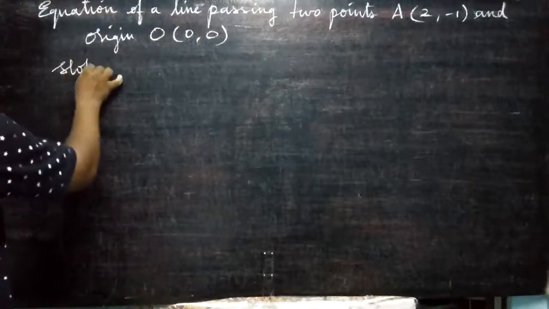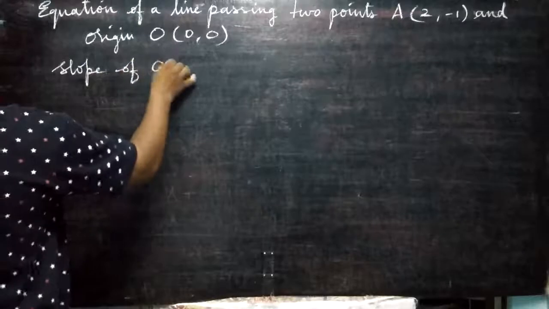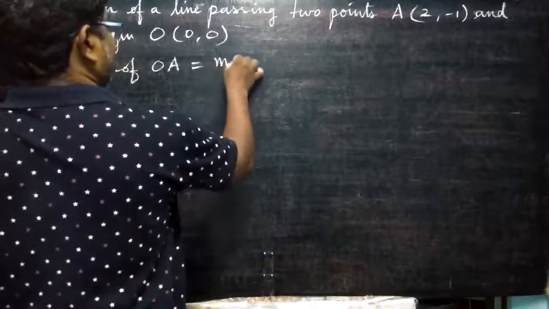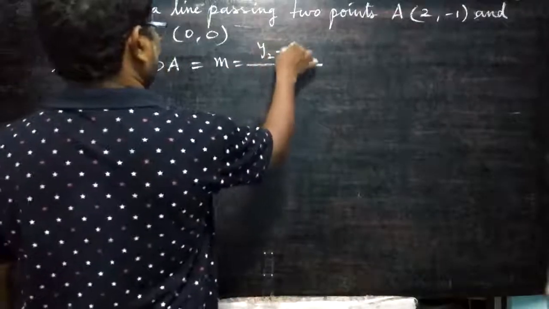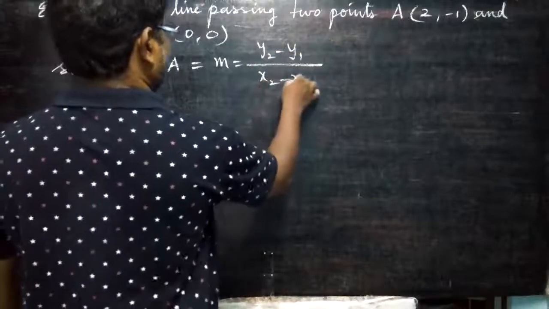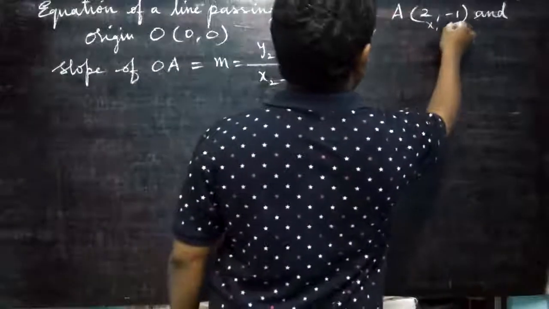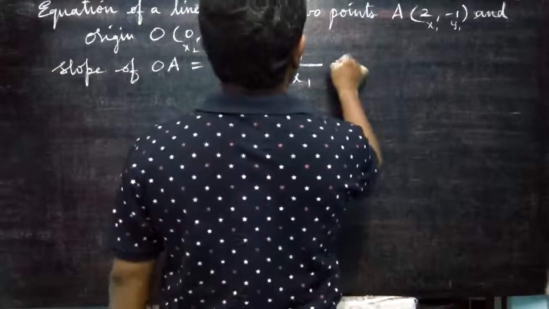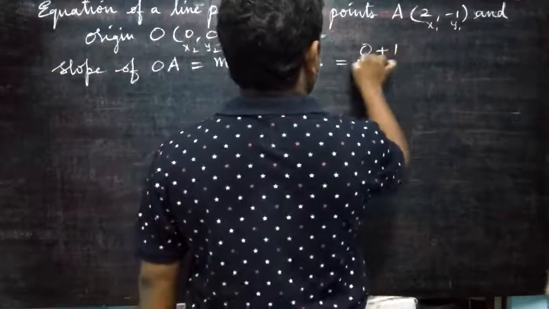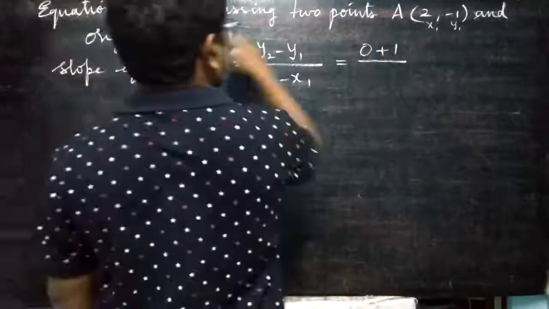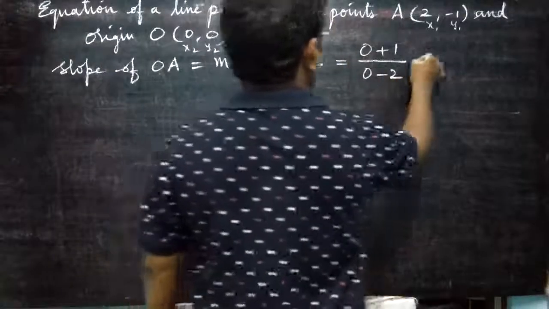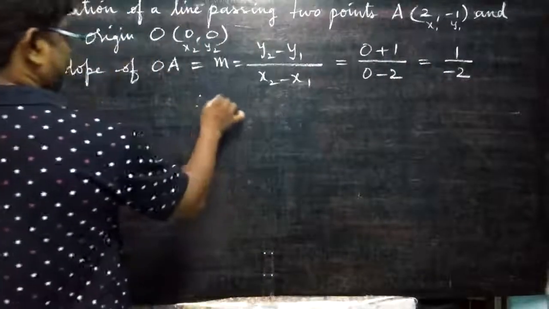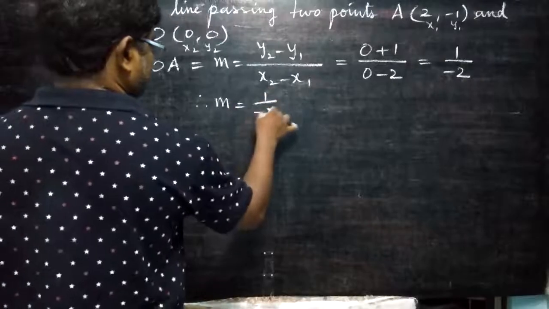Slope of OA, m is equal to, formula we know, y2 minus y1 by x2 minus x1. Thinking this as x1 y1 and this as x2 y2, that is equal to 0 plus 1 by 0 minus 2, that is equal to 1 by minus 2. Now we got m, therefore m is equal to 1 by minus 2.